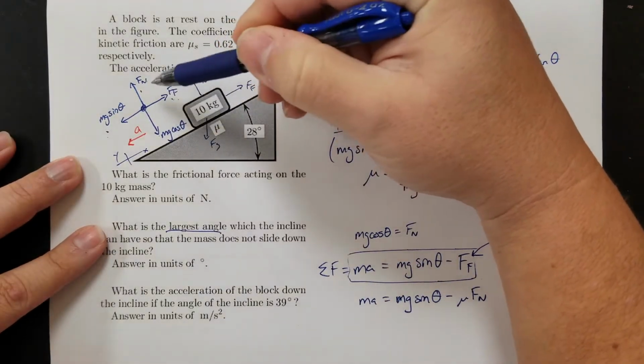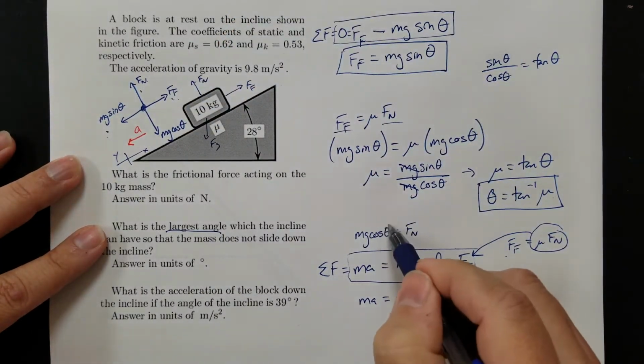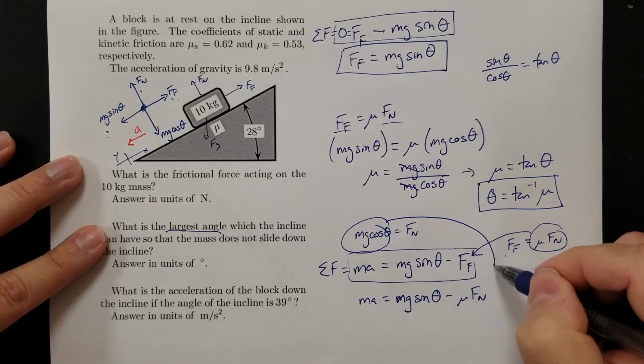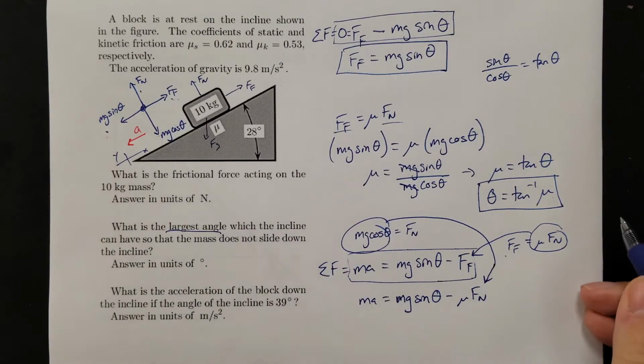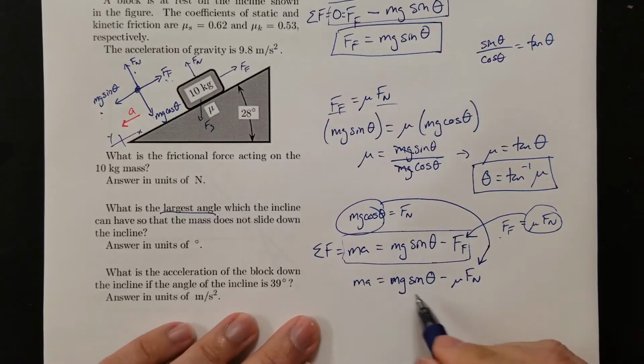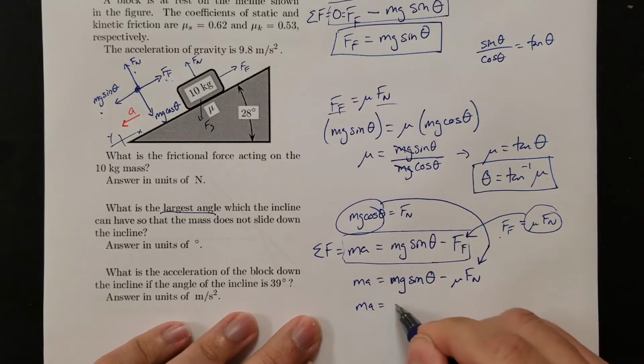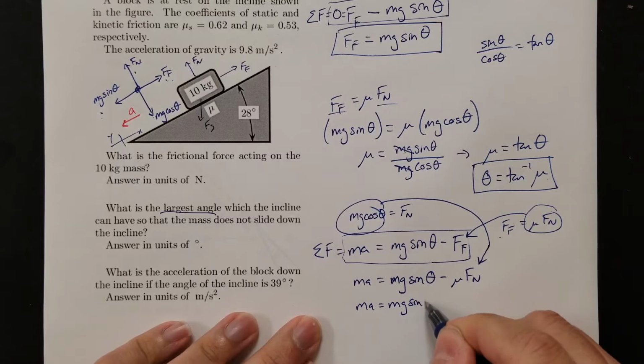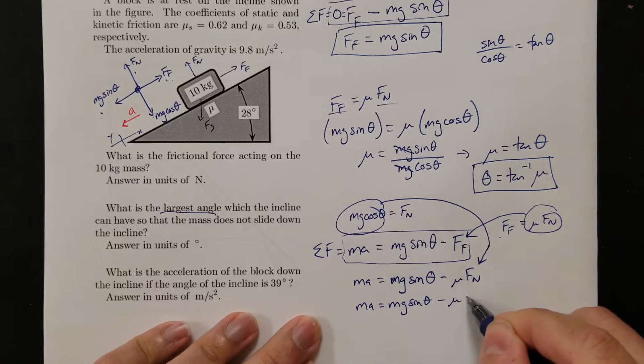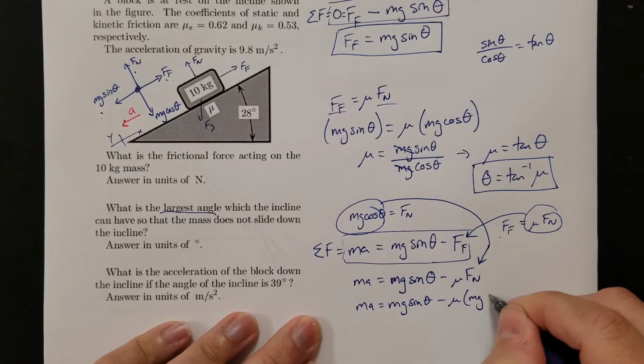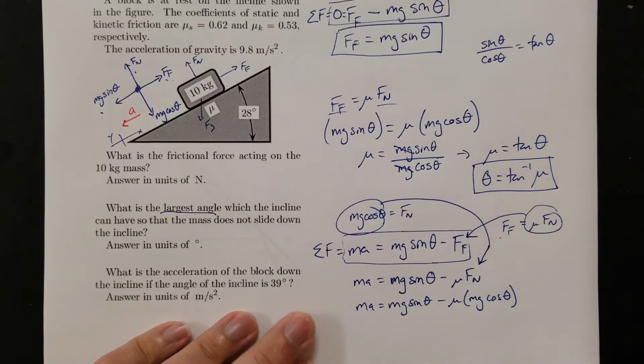Because these two are still equal to each other. So I'm going to plug mg cosine theta in here. So let's do another substitution. Ma equals mg sine theta minus mu times mg cosine theta.